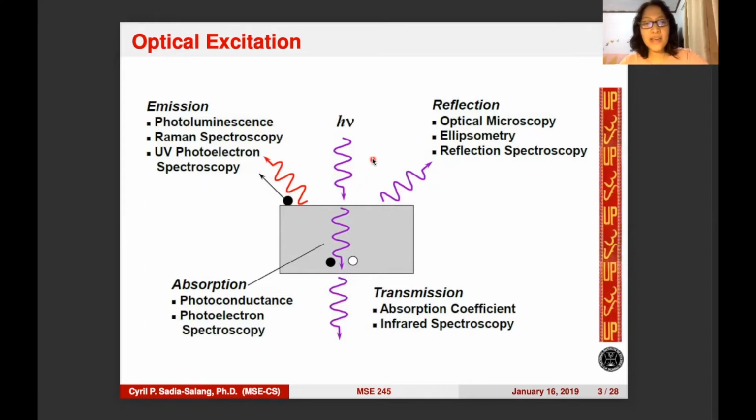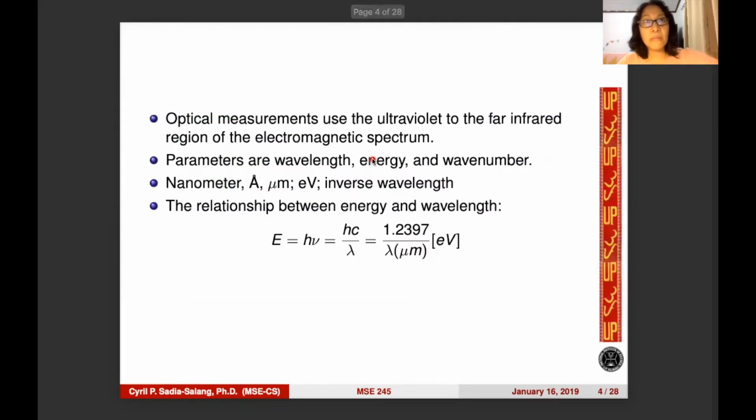Now, a key element in optical characterization is light, and we know that it is a broad spectrum. So we have to be clear that optical measurements use the ultraviolet to the far infrared region of the electromagnetic spectrum. The important parameters are wavelength, energy, and wave number.